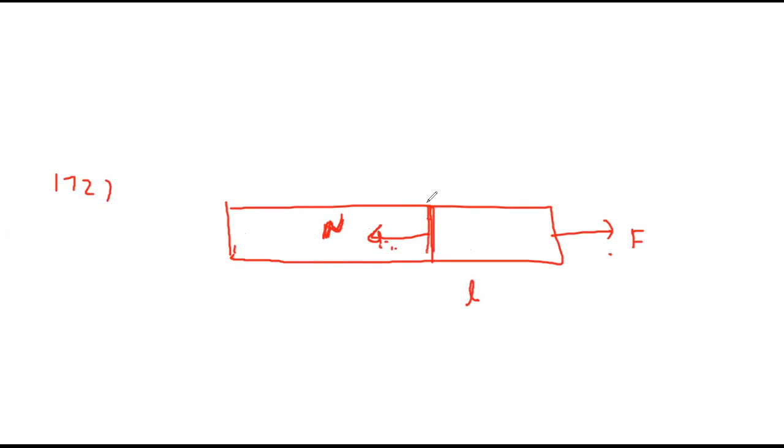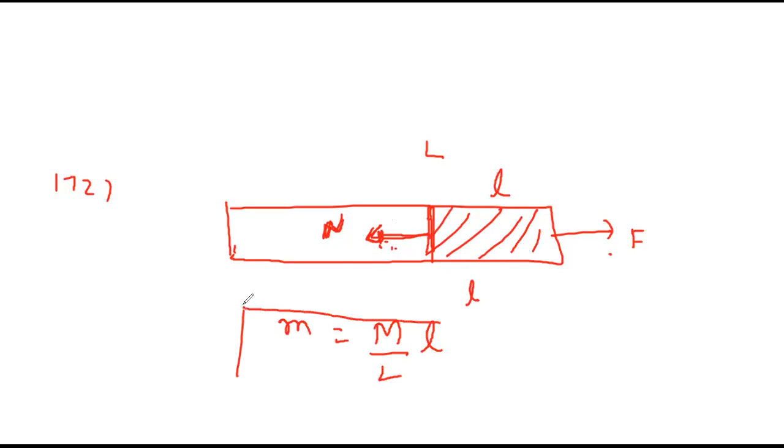If you consider this body, the total length is L and this part is l. So the mass of the part on which this action is acting will be m equals total mass upon total length into length l, so the mass becomes M l by L. Now the net tension acting here will be T equals the right-hand side force F minus this normal reaction N.